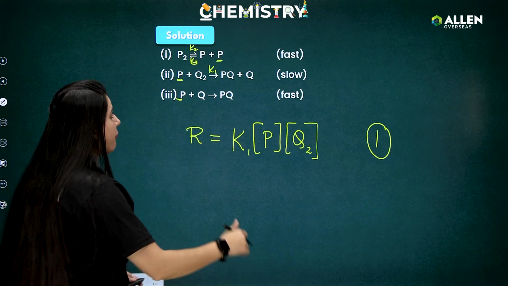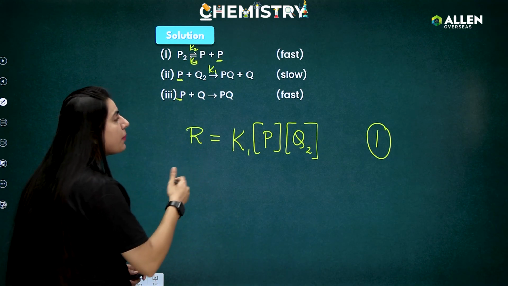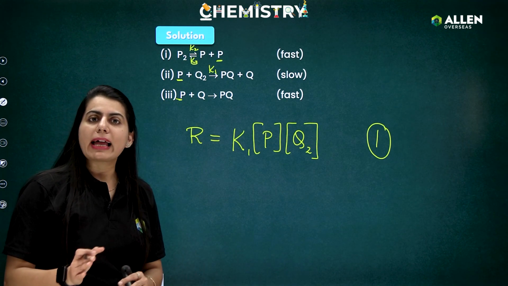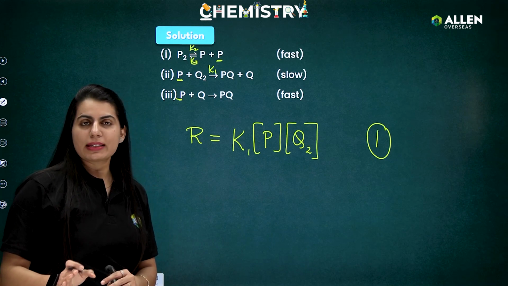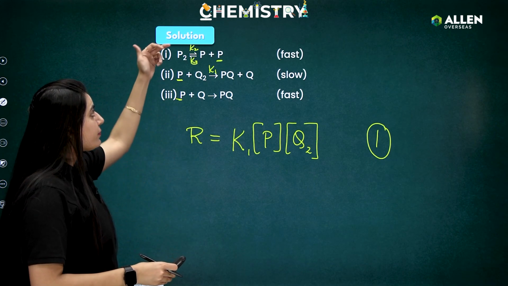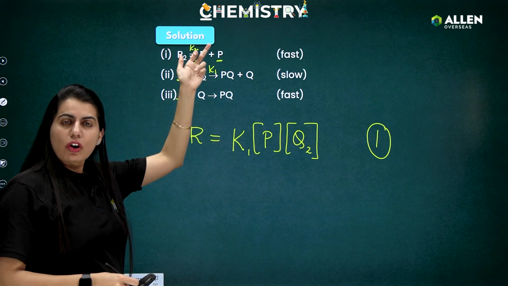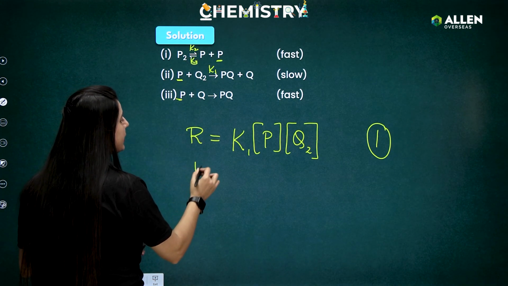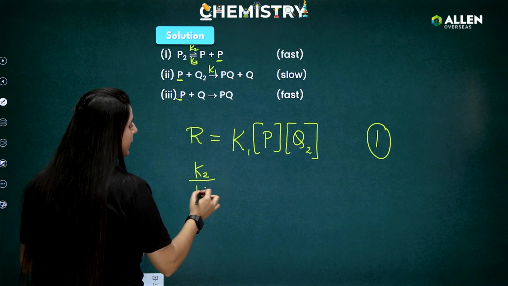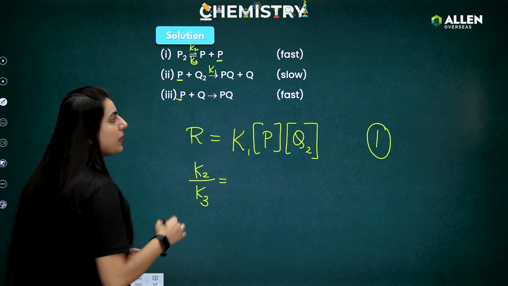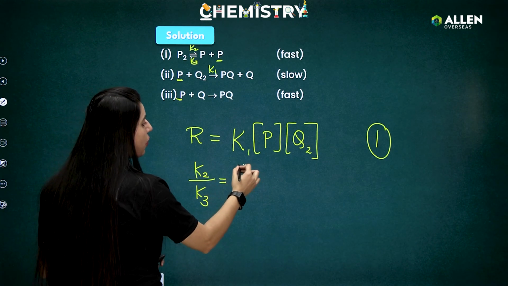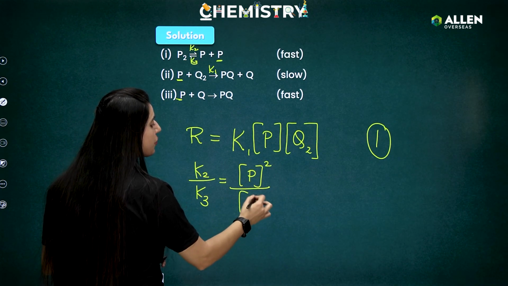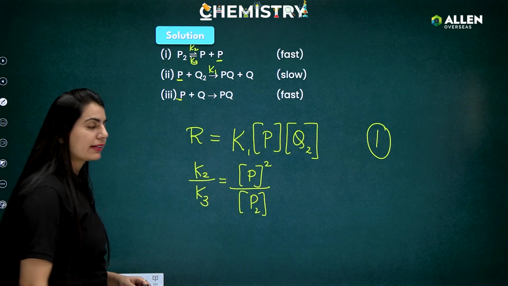Now, let's say that this reaction is at equilibrium. How will I write the equilibrium constant? I'll just be saying that it will be forward rate constant upon backward rate constant. So I'll be writing it as K2 by K3, and it will be nothing but the concentration of the product raised to the power 2 divided by the concentration of P2, which is a reactant.